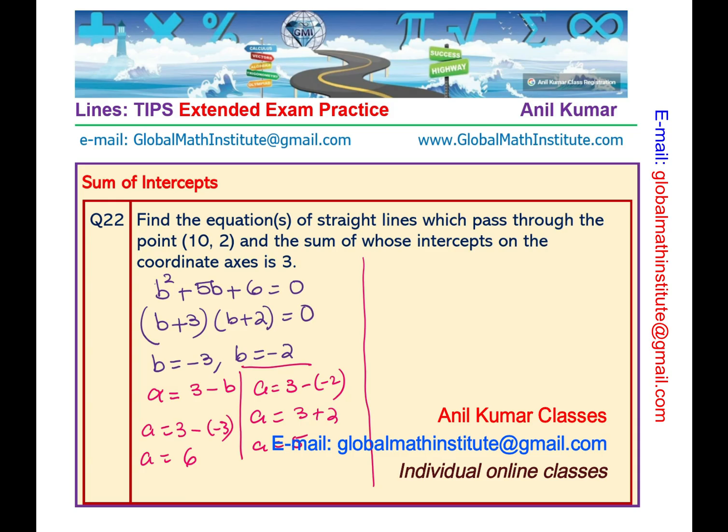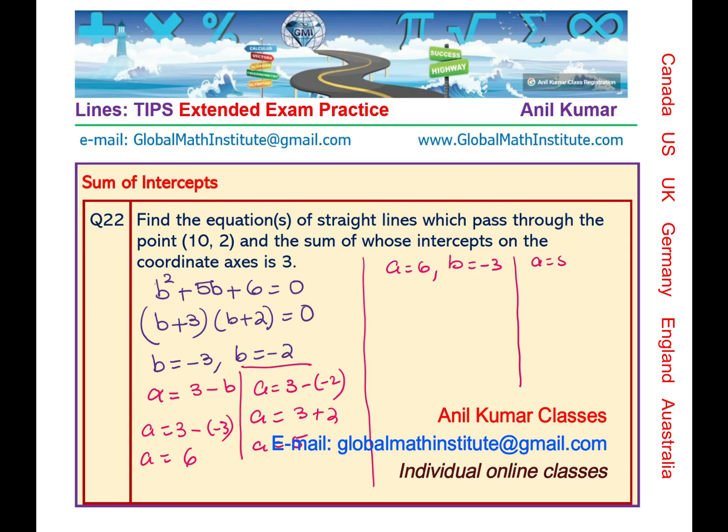So we have two different solutions. One combination is a equals 6 and b equals minus 3, and the other combination is a equals 5 and b equals minus 2.